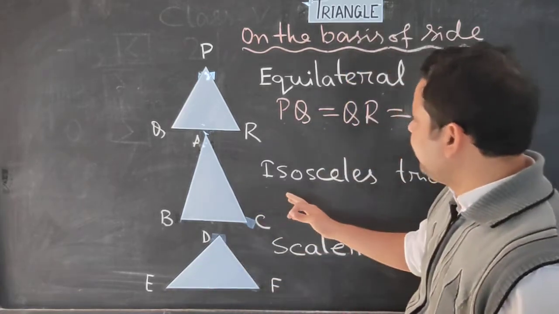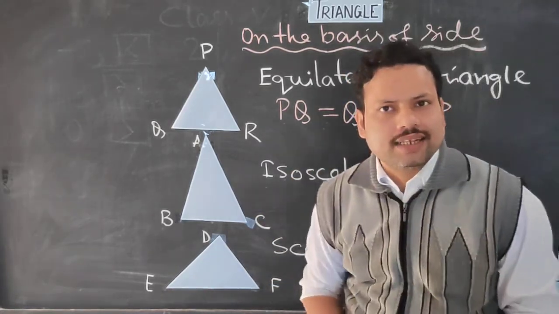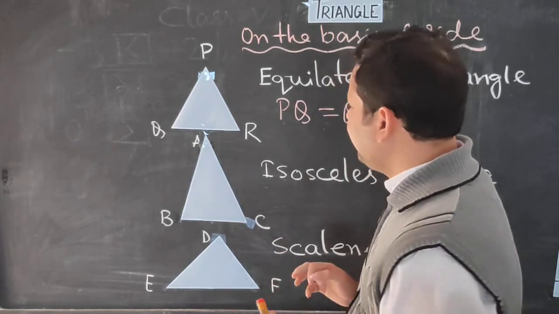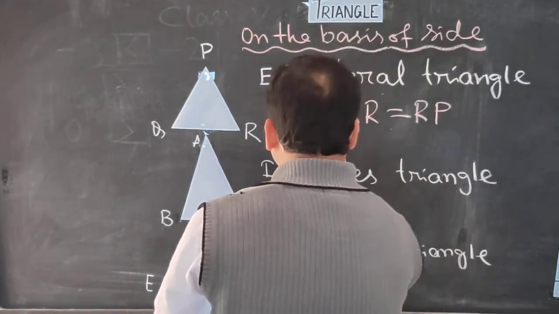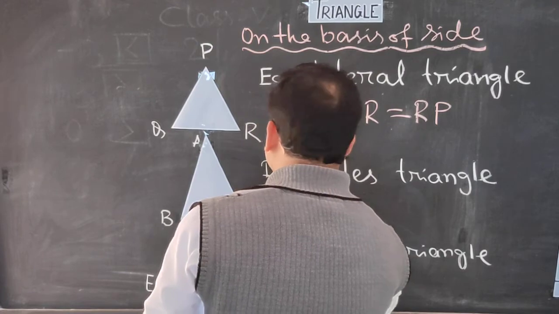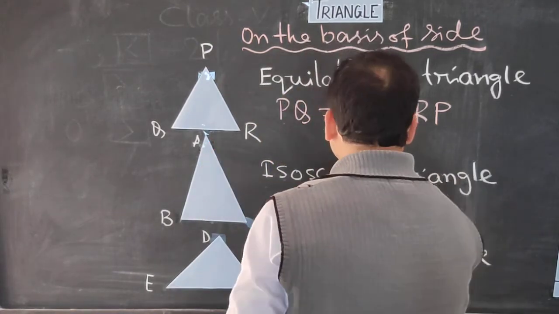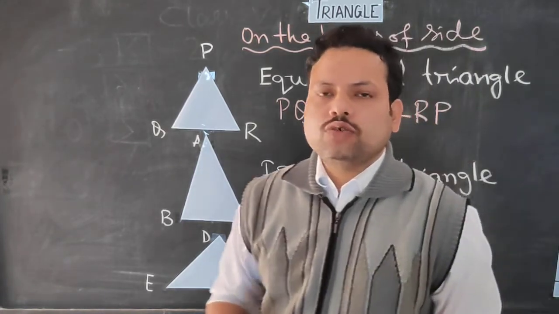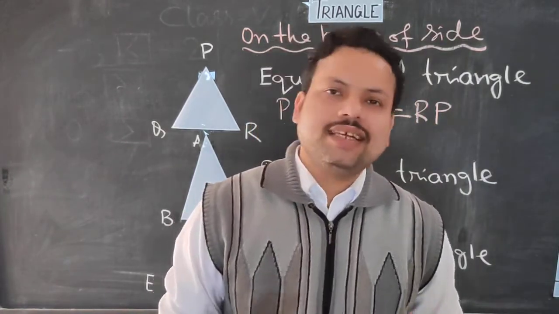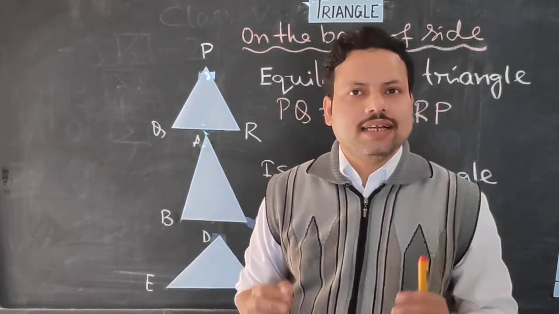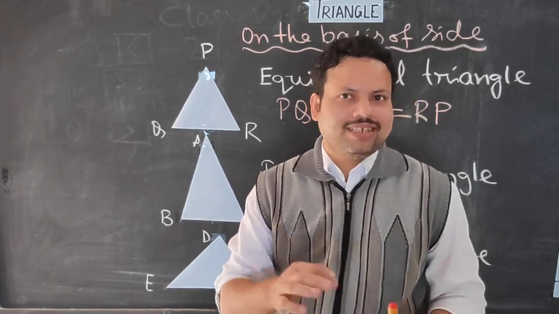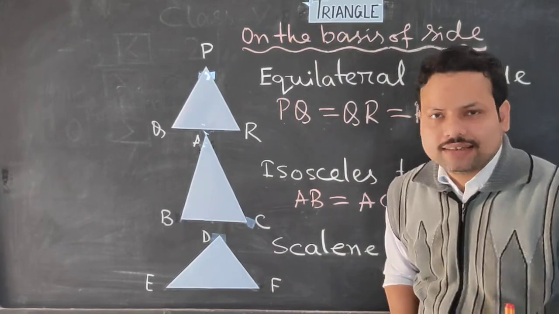Now next one, isosceles triangle. What is this? Any two sides are equal. In our figure AB equals AC. So only two sides are equal, then this type of triangle is known as an isosceles triangle. Now, scalene triangle.